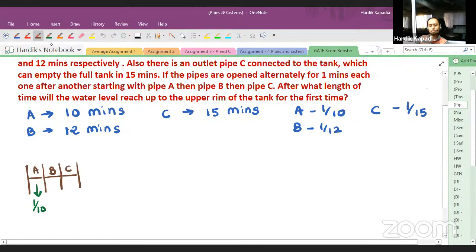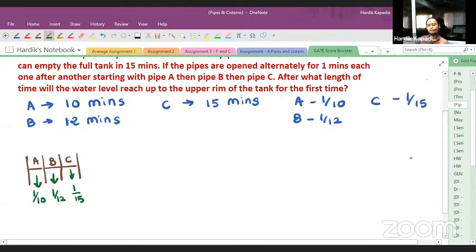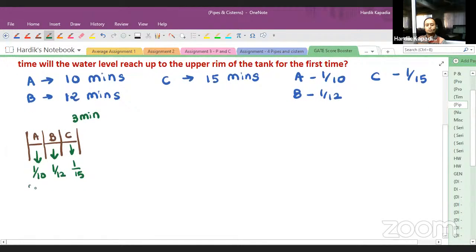So this is 1 by 12 and this is 1 by 15, but with a minus sign because it is an outlet pipe and it will empty the tank. So in 3 minutes, there is 1 by 10 plus 1 by 12 minus 1 by 15.